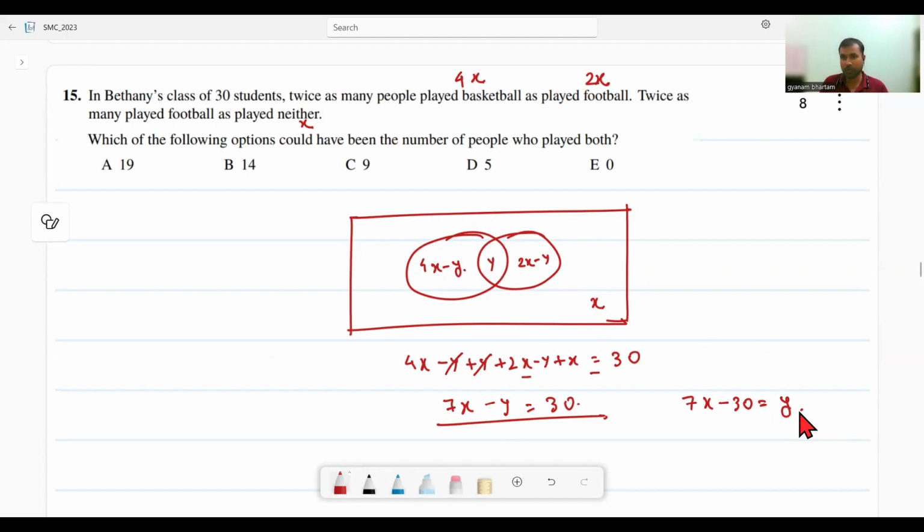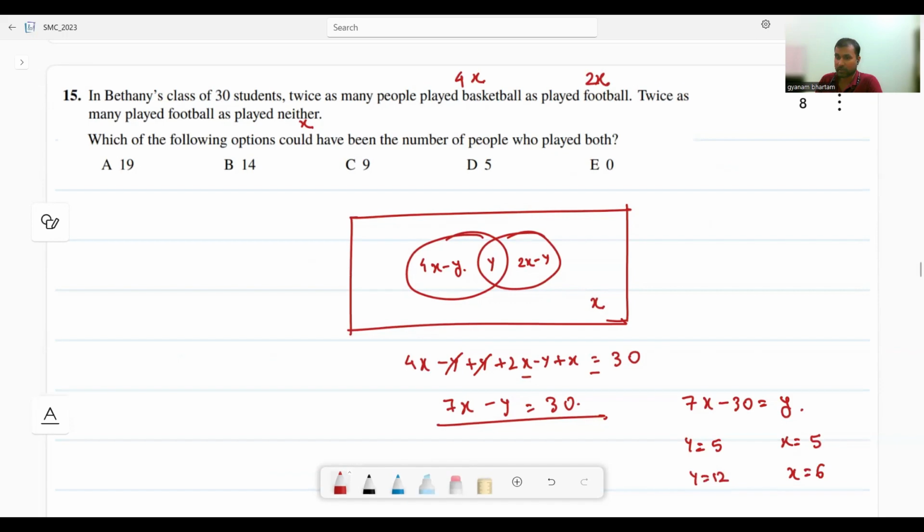The possible values of x must be positive, and it can't be 0, because 7x can't equal 30. So the next number is 5. y can be 5 if x is 5. If x is 6, then y will be 12.